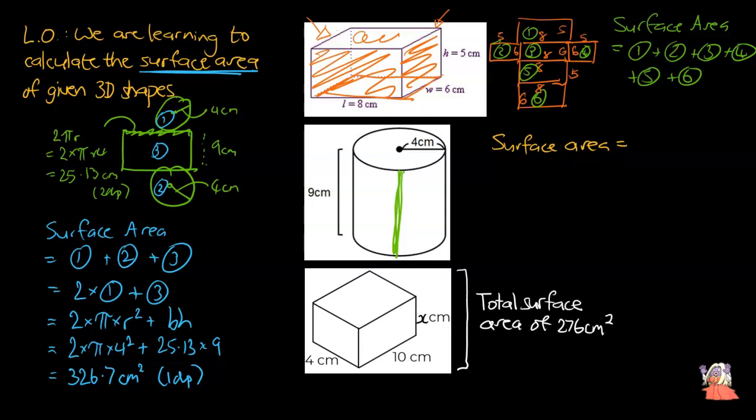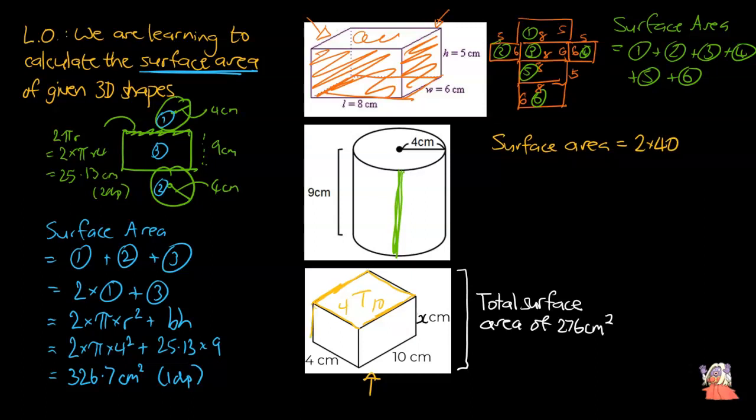I'm not going to draw a net for this one, but we can picture the net. So there's the top of the shape. The bottom of that shape underneath is going to be the exact same, and that's going to be 10 times 4. And there's 2 of those, so that would be 80. So the surface area is going to be 2 times that 40 side.